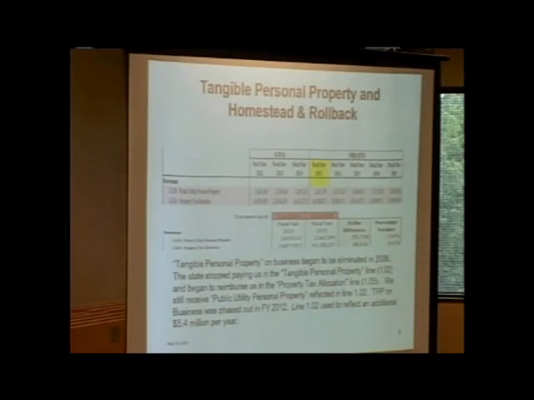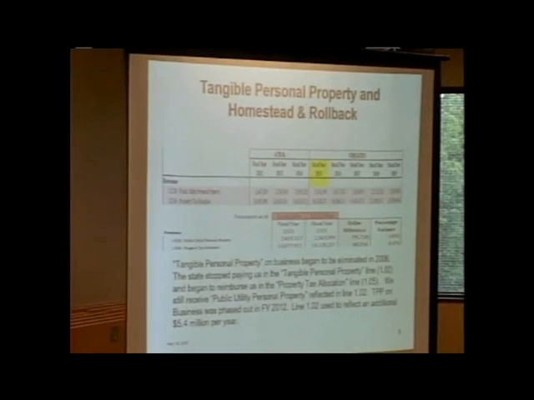The next line is tangible personal property, homestead rollback. We actually received this money from the state, and we're only off on this line by $35,000, so it's pretty good. Keep in mind, we used to get about $5.4 million on this line item before the state changed it.